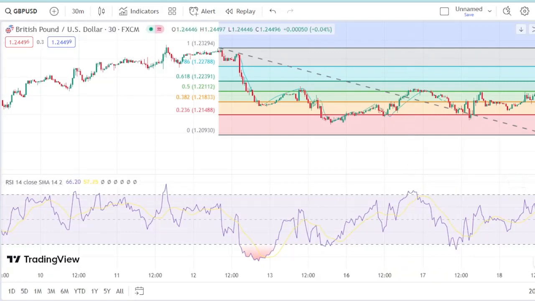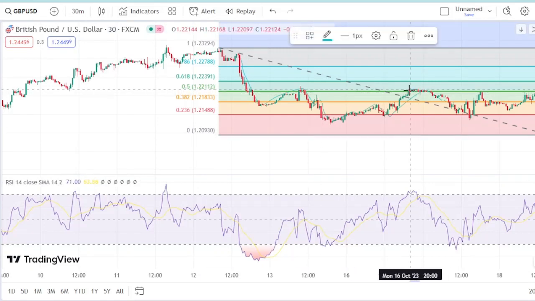So for example, right here on the 50 level, and right here on the 70 level, which is overbought, we'll be looking for sells.